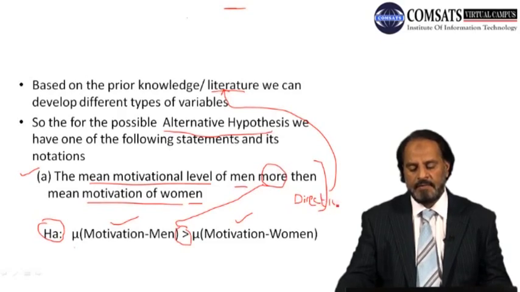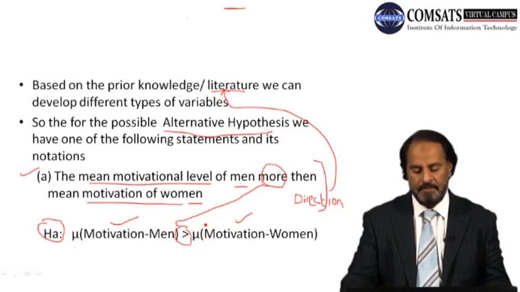We are stating the hypothesis statement, but we are also providing a direction in that alternate statement. And this is, again, as said, based on the literature. If there is literature which supports this, then we tend to use the directional kind of hypothesis statement.